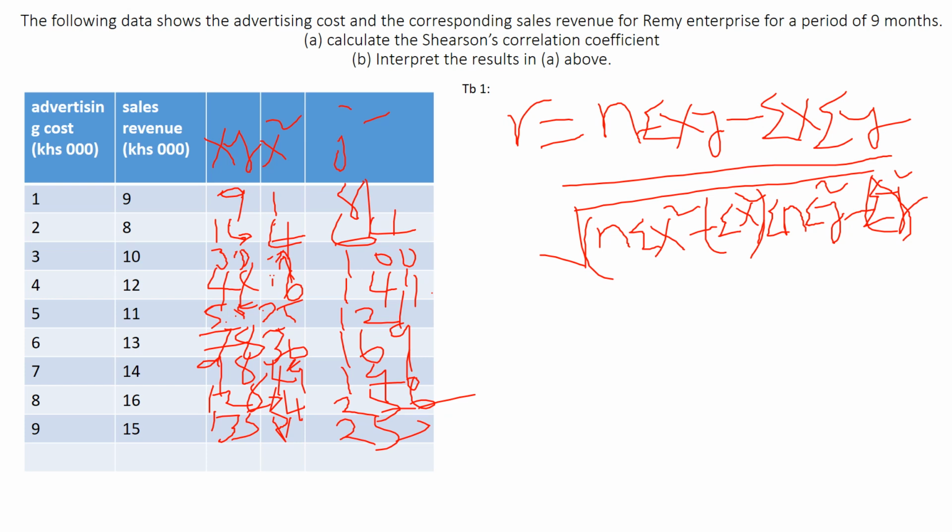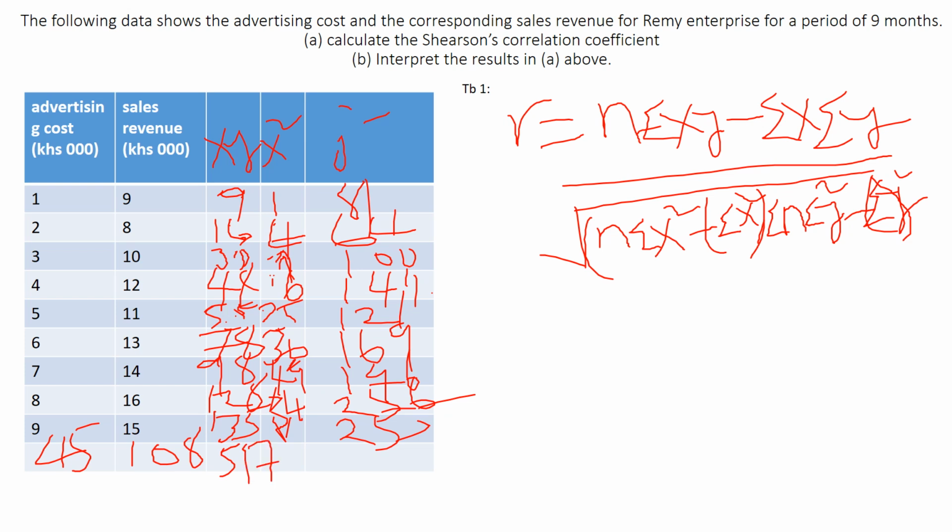We know that the summation of x, that is this column here, if you add it, should give us 45. And then if we add the y, this one is giving us 108. And if you add the xy column, this should give us 597.